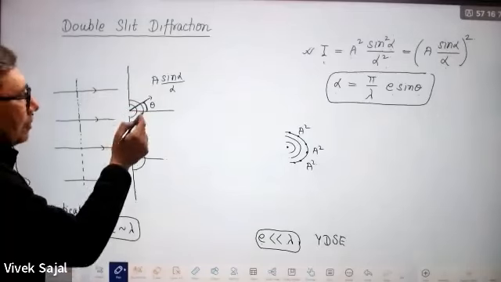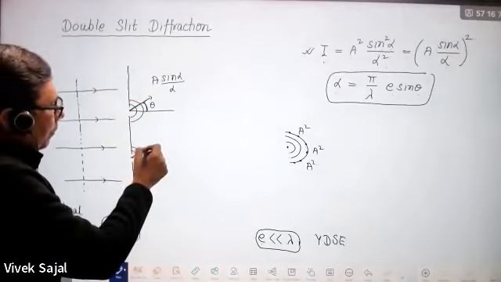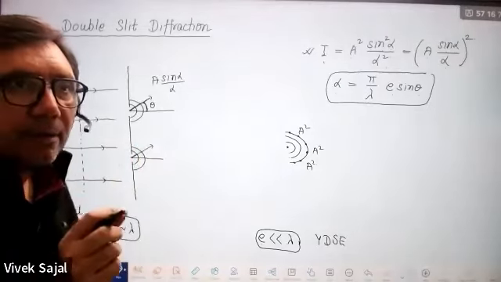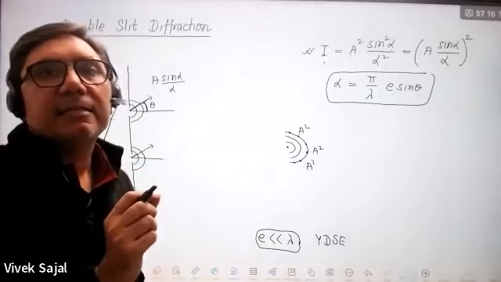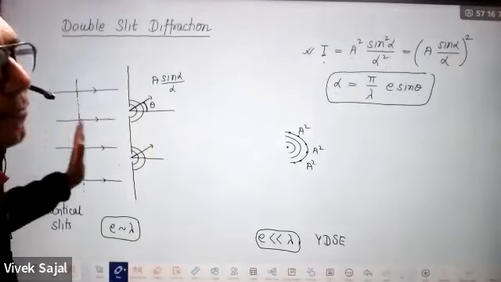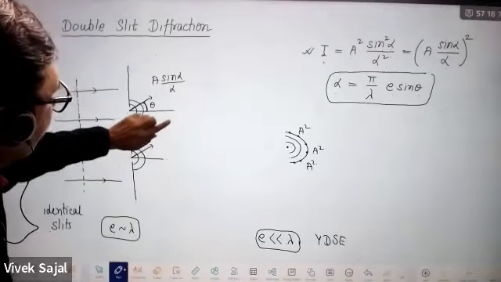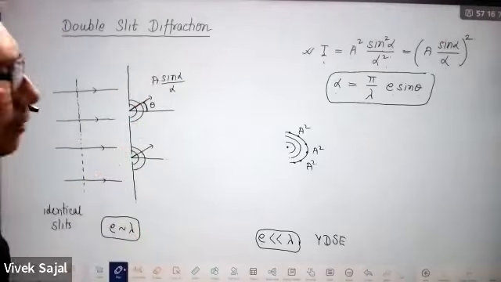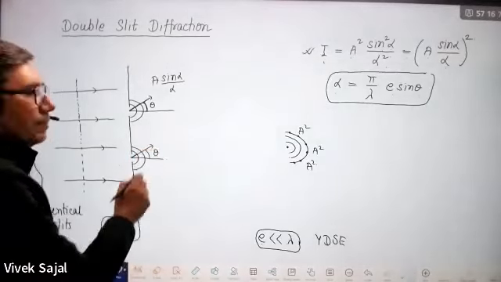Whatever angle I have chosen here, the same angle I choose here. From both slits, I consider that part of the light propagating at an angle theta after diffraction, traveling parallel to each other. This is theta.